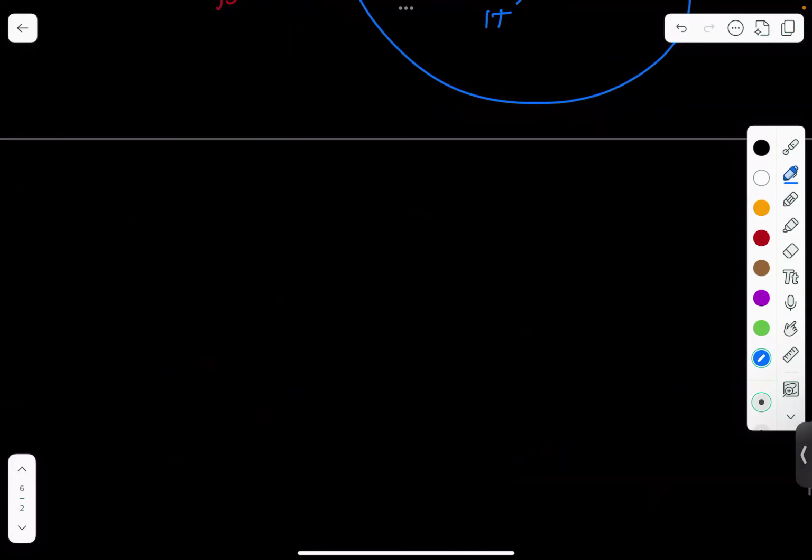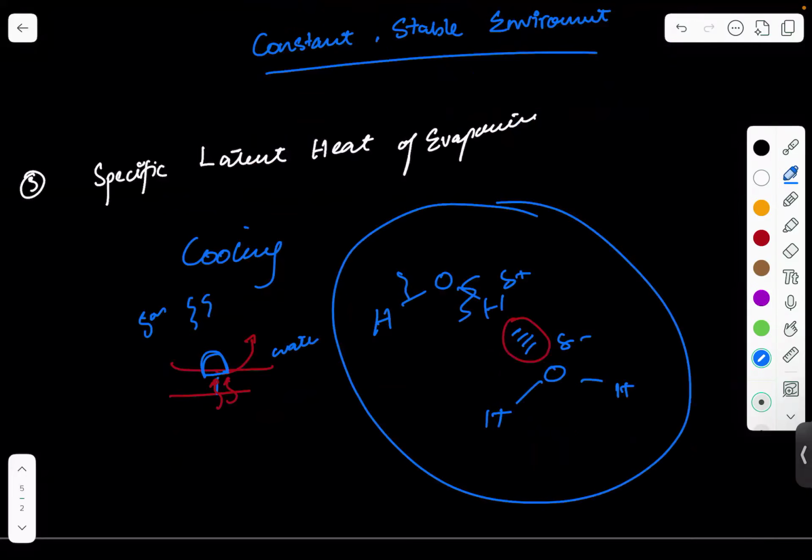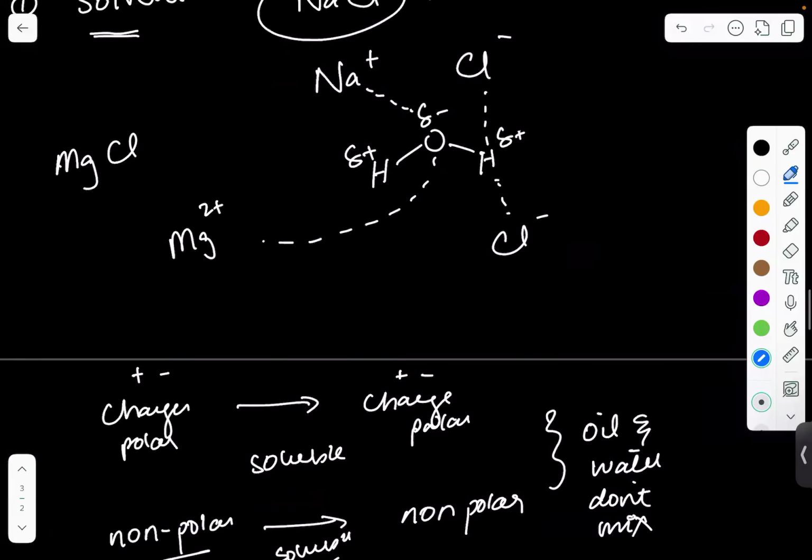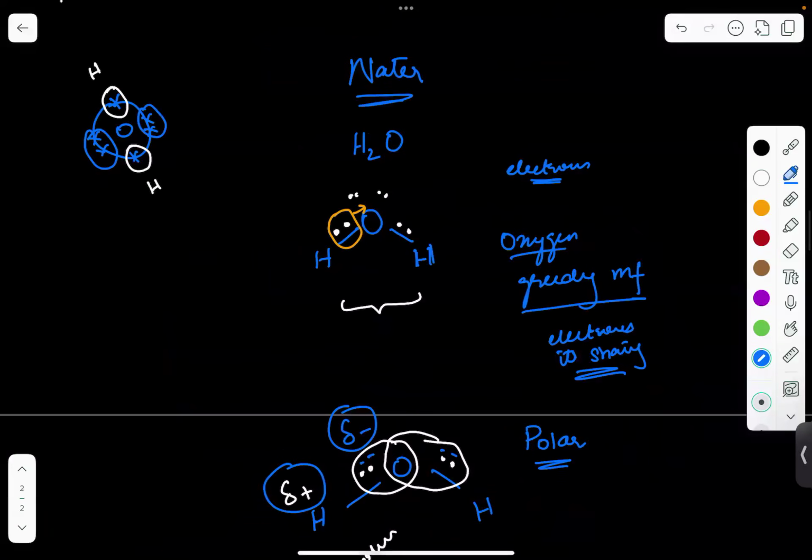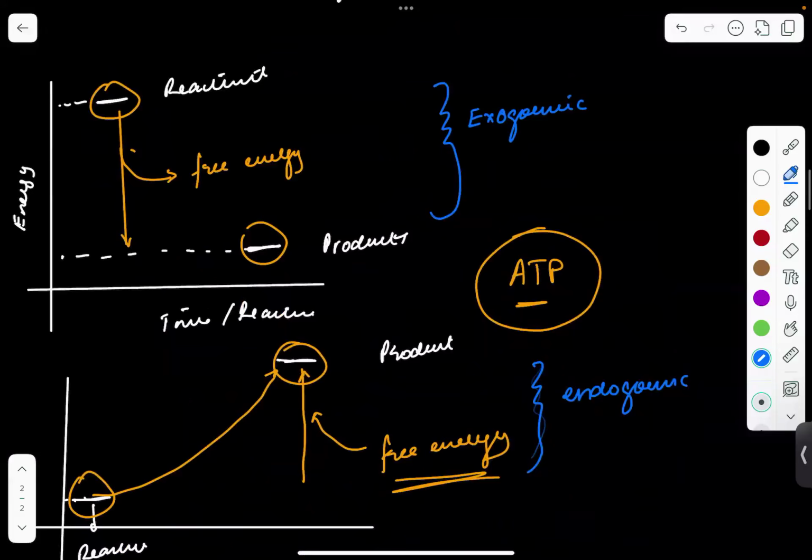There are two more properties of water: cohesion and adhesion, and they have to do with the interaction of water molecules because of these bondings, the same bondings I've taught you. There's nothing else to it, and I will explain that in the next class. Then we will come back full circle to why this is important for energy transfer in ATP.